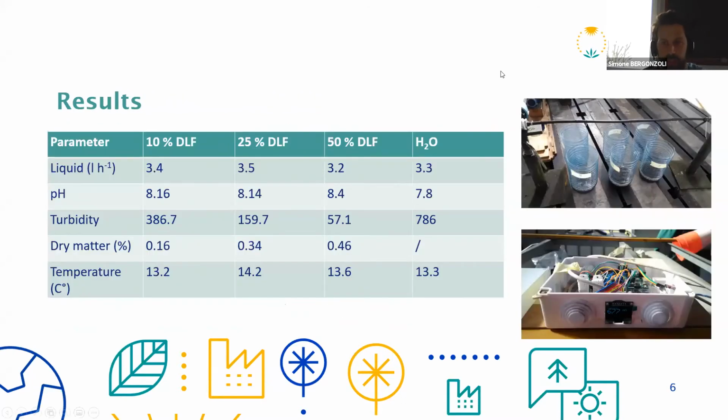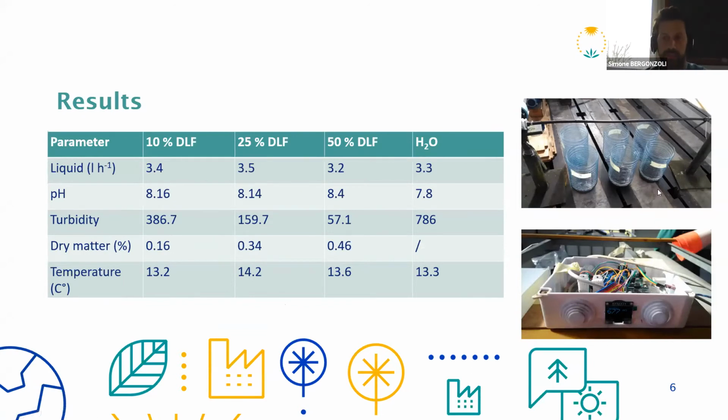So going to the results, you can see on the right the Arduino system used to control the weather conditions of the experiment, and to calculate turbidity, which you can see on the liter screen in the plastic.